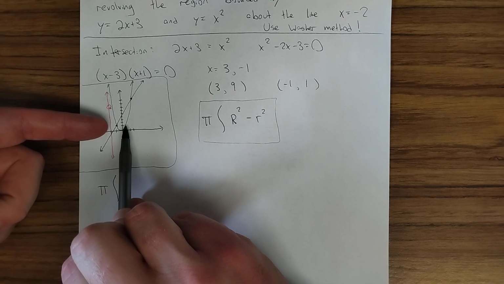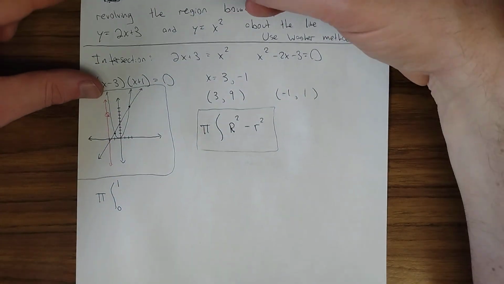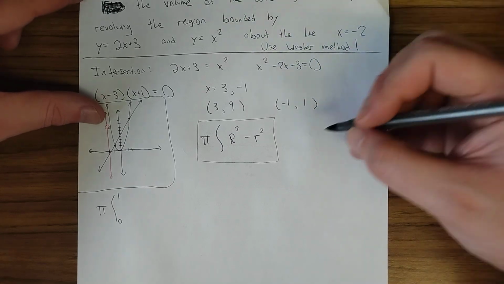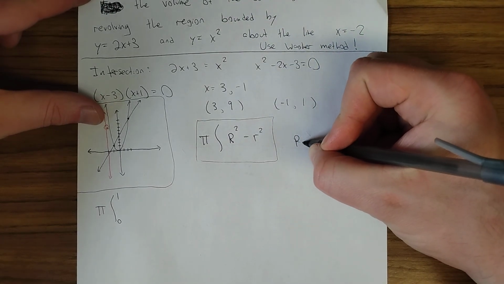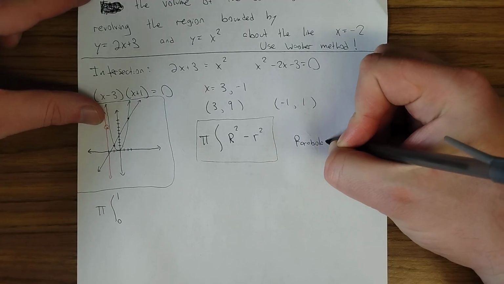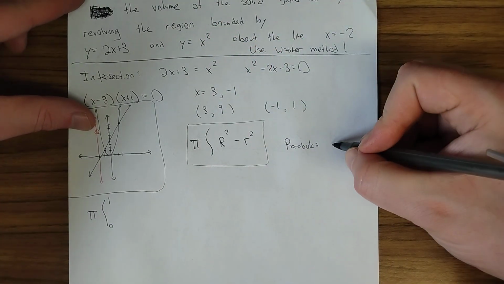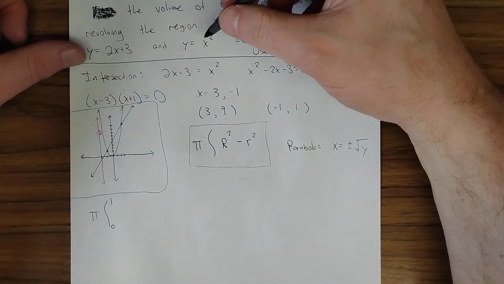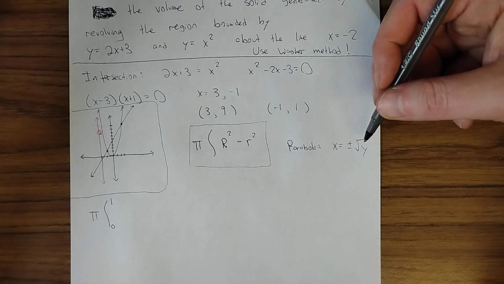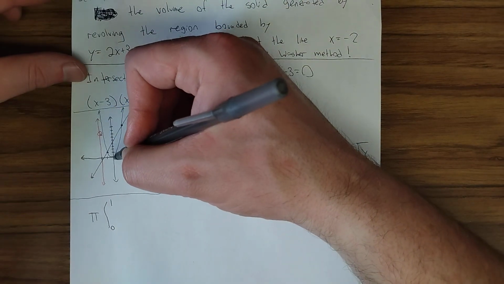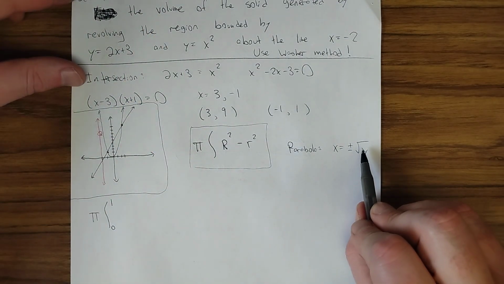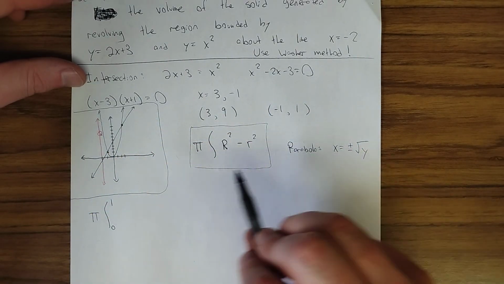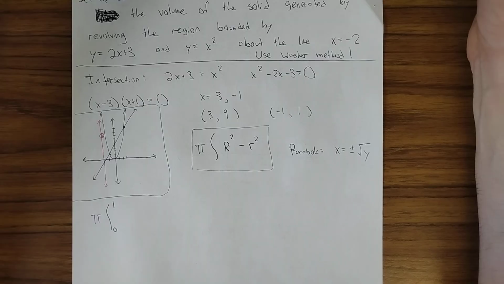So this is a point on the parabola. The parabola has this equation, but I want to know the x coordinate. So I'm going to write x equals plus or minus square root of y. And the plus or minus is important here. The parabola does have a left side and a right side. If I take the positive square root of y, that's giving me the right side of the parabola. If I take the negative square root of y, that's the left side.